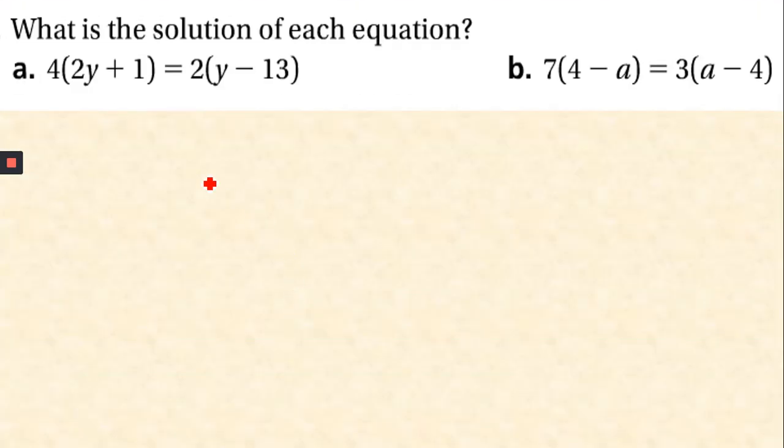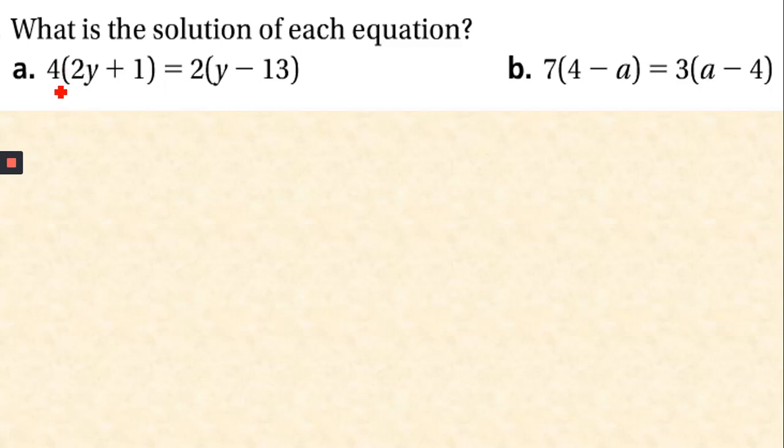Okay? The next one we have here. What is the solution of this equation? Try to observe. It has a grouping symbol, the parentheses. Okay? Before solving the given equation, we need to get rid of the grouping symbol, the parentheses.